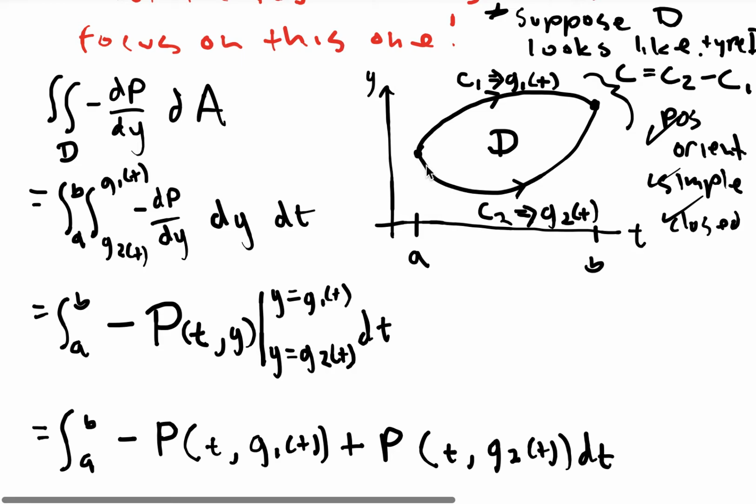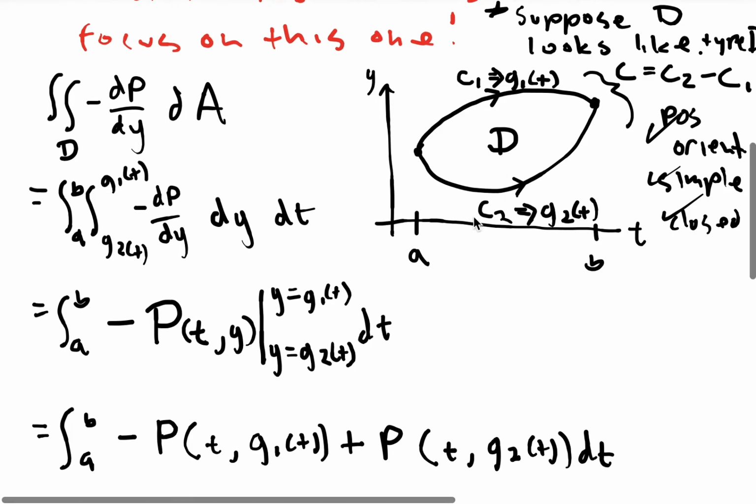Okay, so every single point on that curve looks like t, whatever input t you plug in, comma, whatever happens when you plug that in, so G2 of t. Okay, this is where my cheapo parameterization came in. If I parameterize that curve in the most direct way possible on the interval from A to B, I get C2 back. And if I parameterize C1, I'm doing the same thing with this G1 curve.